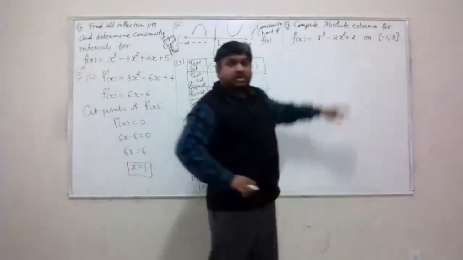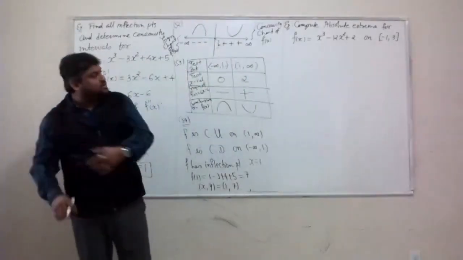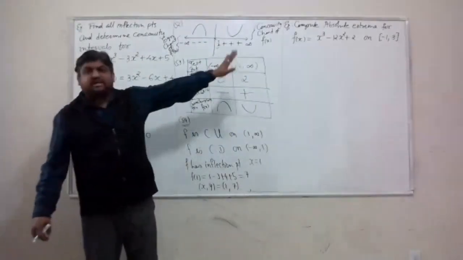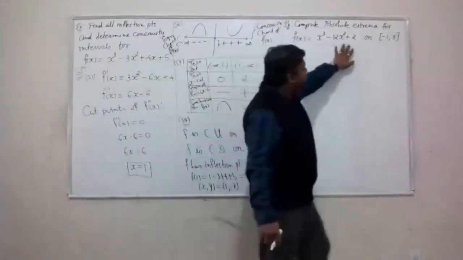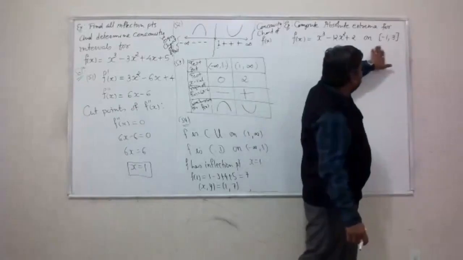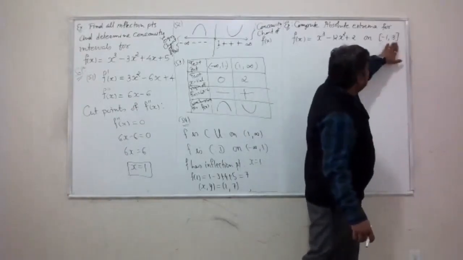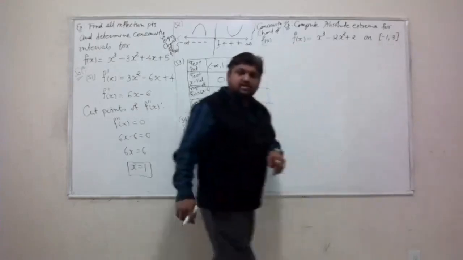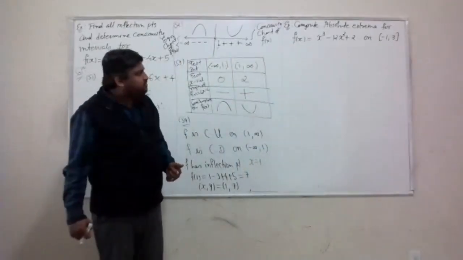We are trying to find out the winner value of the function and the loser value of the function on the region negative 1 to 3 only. So whatever the graph of this function is, I would like to find out the highest value and the smallest value of the function on this interval only. Let's try to answer this question.